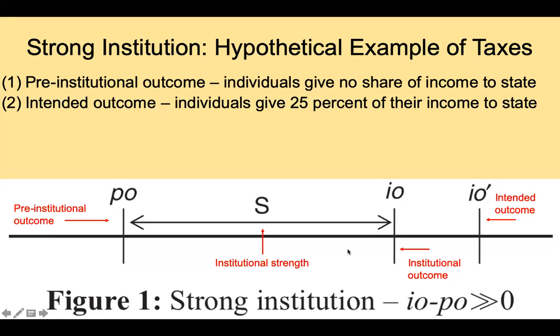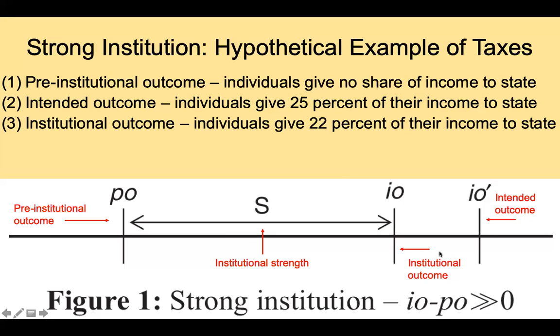And so let's say for hypothetical purposes that our actual institutional outcome, when all is said and done, is that individuals wind up giving 22% of their income to the state.